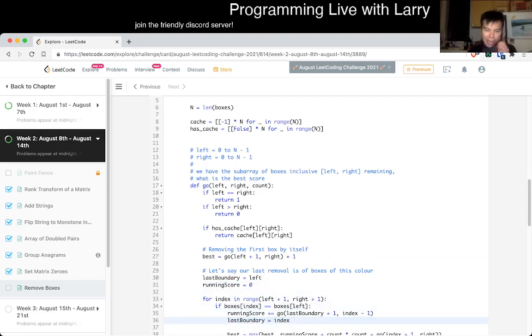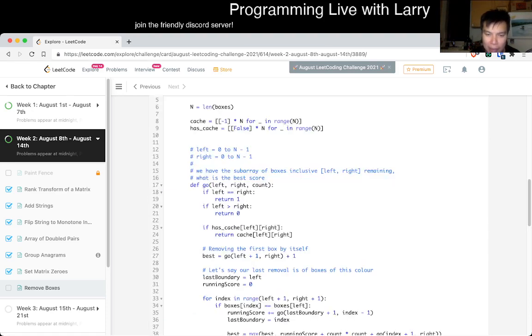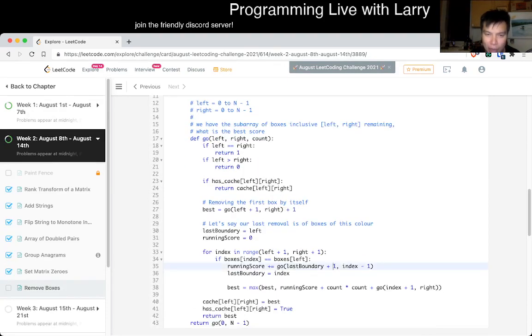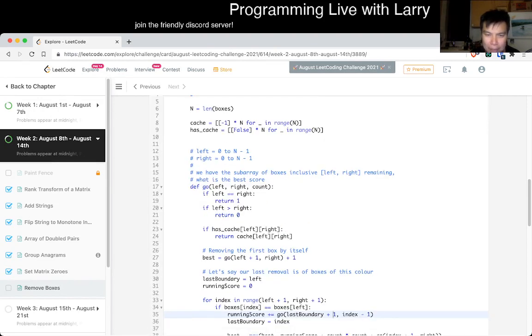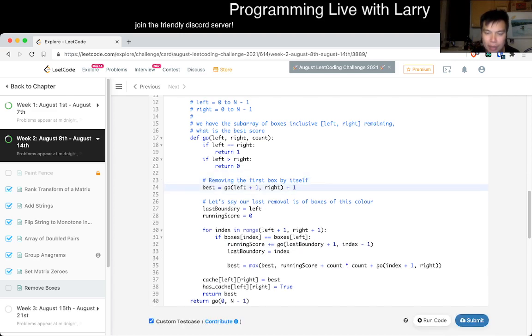But now we have 2 states, right? It's the same thing, which is that now we're running here, and we can either include this or not include this. So let's do the math both ways, and then we could play around with it. I don't know if all these make sense anymore, so let's remove this. Remove the first box by itself. So this is going to be removed, and then this is going to be 0 as the new count.